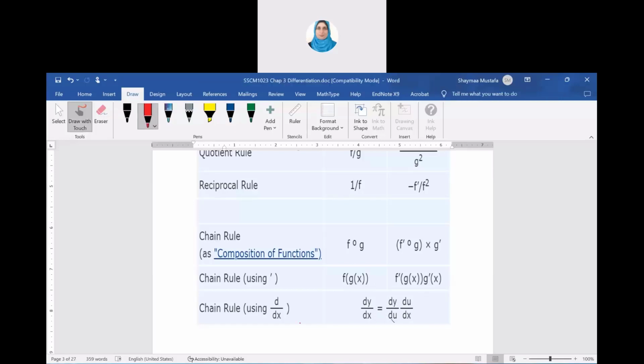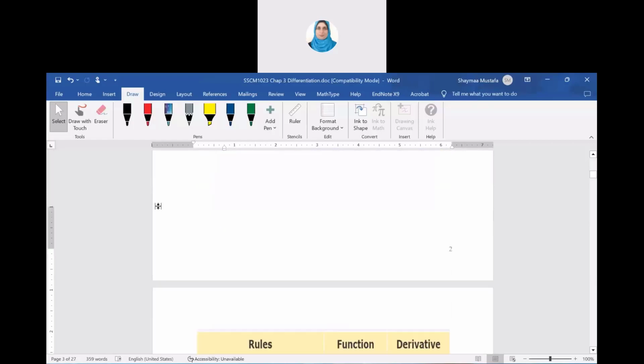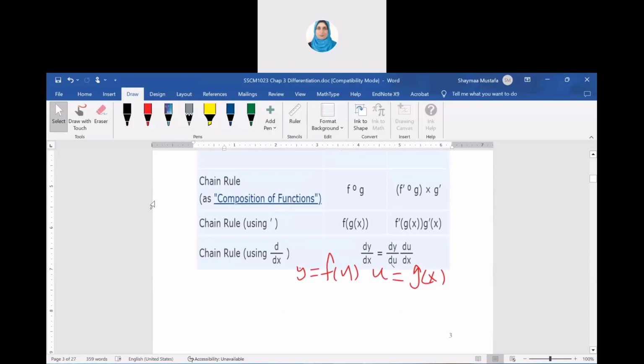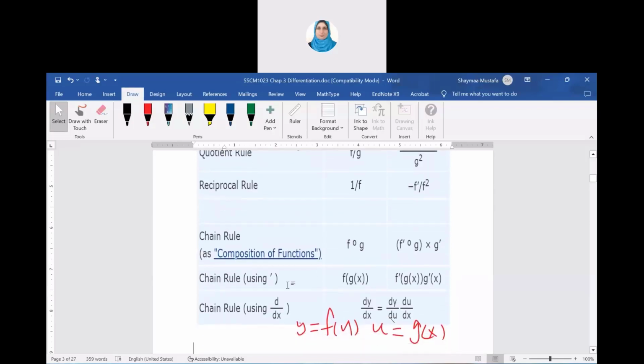If you need to find dy over dx, you need to find dy over du first, then multiply by du over dx. This is what we call the chain rule. So these are the basic rules that we will apply in this chapter. You need to be careful, and know how to find the derivative for multiplication, for division, for addition and subtraction, and the chain rule.